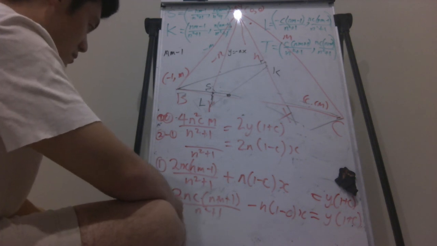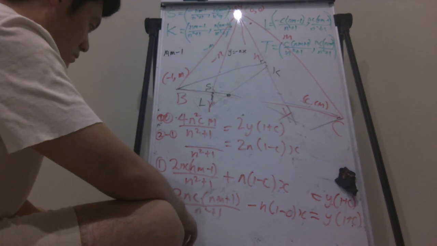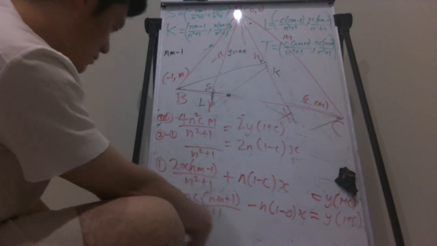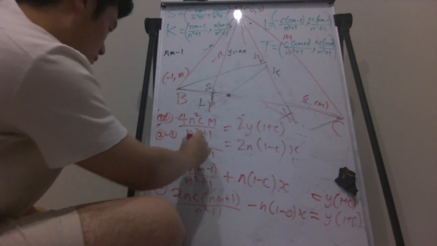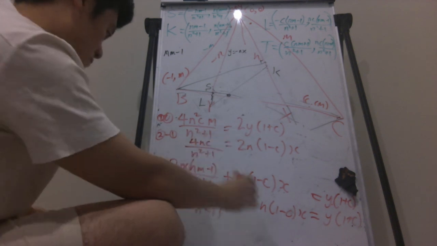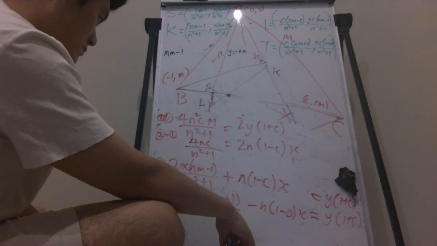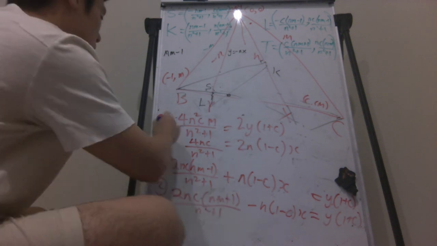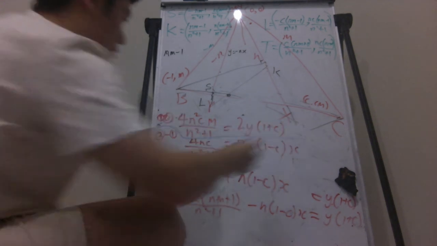Let's see. What am I doing again? So it's 2nc times 2, right? 4nc. That's x and that's y.